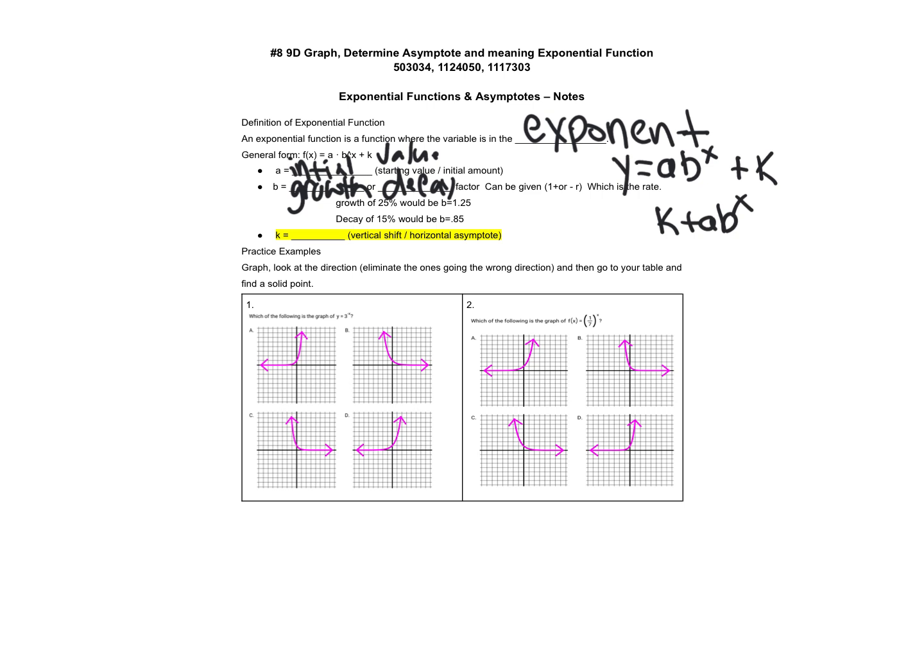Did we just add 1 to it? Because 1 plus 25 would be just 26. So what did we do to the 25%? Change it to what? Decimal. We changed it from a percent to a decimal. And the same with the 15%. The main thing is K is your horizontal asymptote.